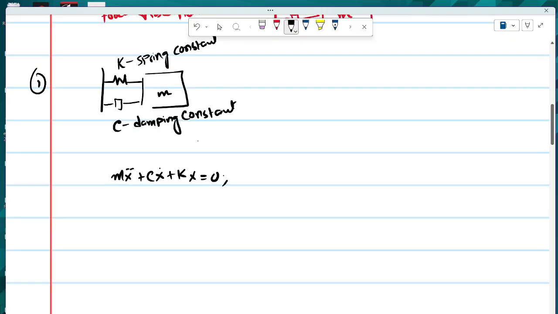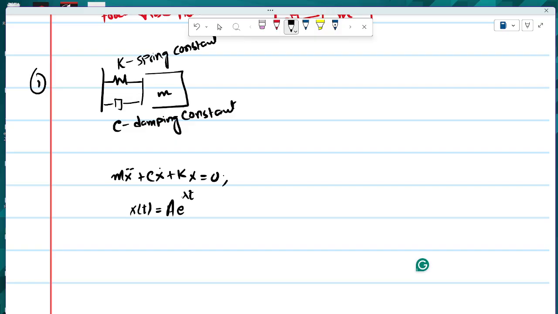Because that's a second order differential equation, the general solution for such an equation is x of t equals a constant, let's say A, times e to the power of s t, or you can call it lambda t, as we marked in the last lecture. Call it lambda t, whatever you like. Just make sure it doesn't mix up with any other variable or constant.